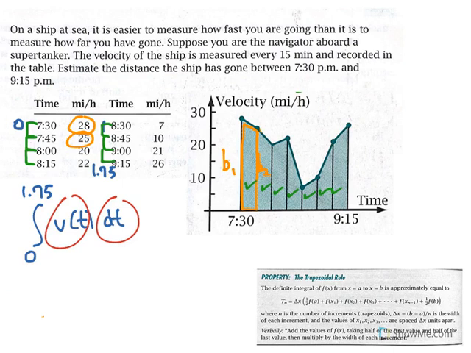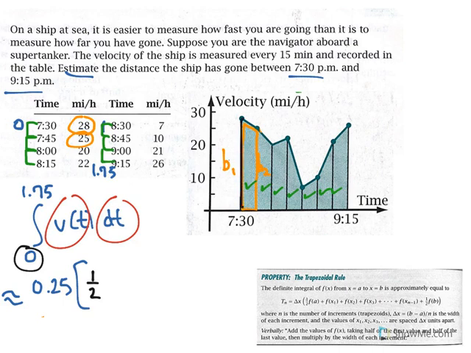So using the trapezoidal rule, we can see that the value of this definite integral, which would give us an estimate for the distance the ship has traveled between 7:30 and 9:15 p.m., would be approximately equal to, and again, delta x represents the height of each trapezoid, which would be 0.25 hours, times, we will have 1/2 times the function evaluated at 0, which would be the length of this first base, which would be 28 miles per hour.